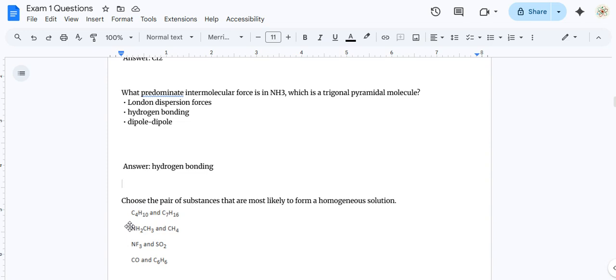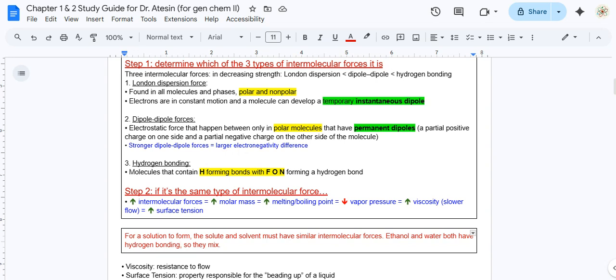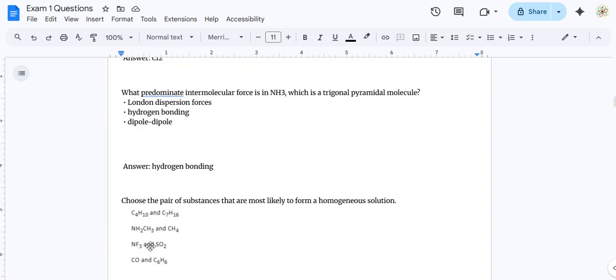This one, NF3, is a polar molecule, so it's dipole-dipole, and SO2 is also a polar molecule because there's a slightly more positive side and a slightly more negative side, so it's also dipole-dipole. So it might be this as well.